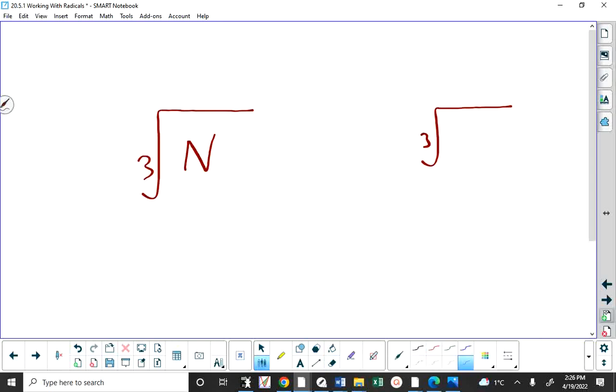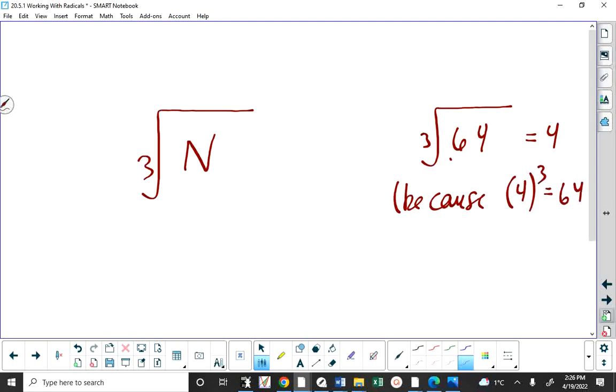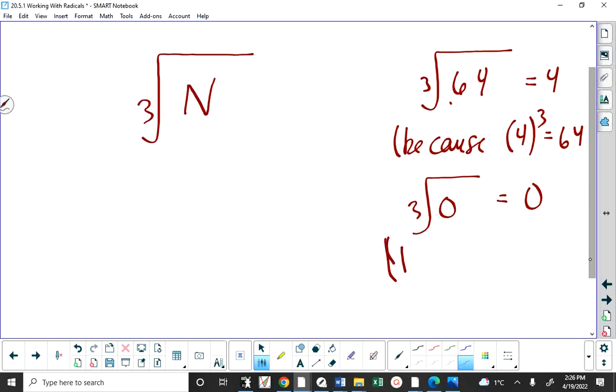The cube root of 64 equals 4 because 4 cubed gives you 64. Are you with me on that? Okay. Are you allowed to take the cube root of 0? Sure, the cube root of 0 is 0. Because 0 cubed will give you that 0. You're allowed to take the cube root of a negative number.